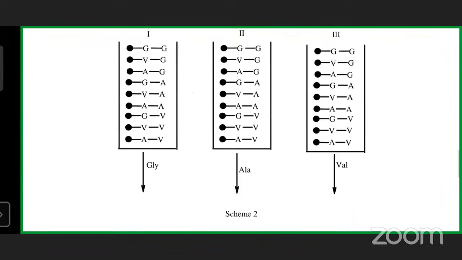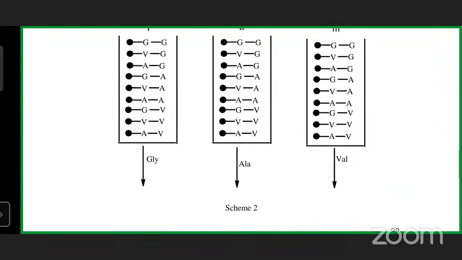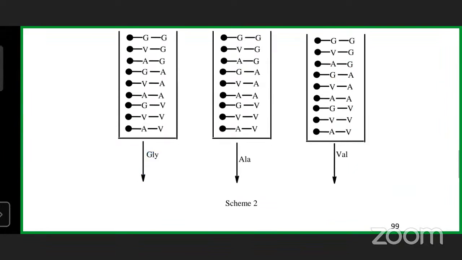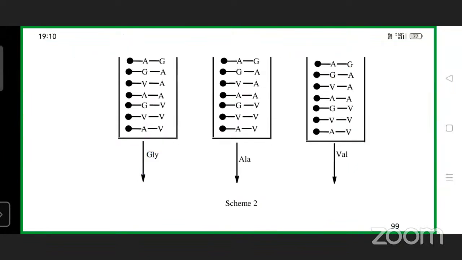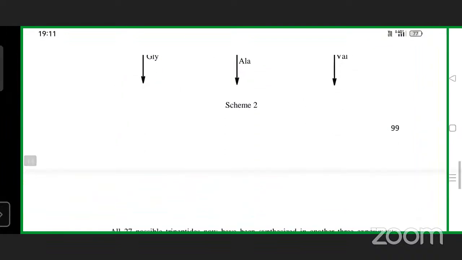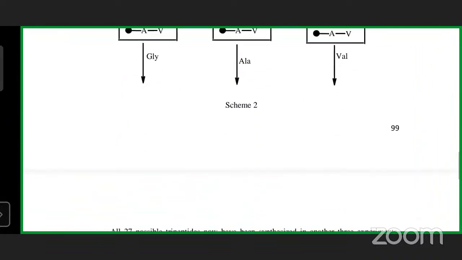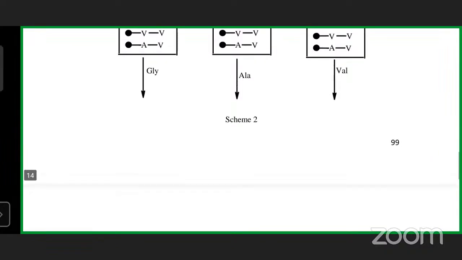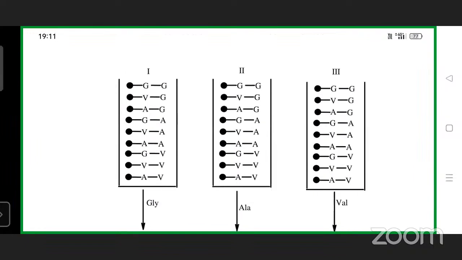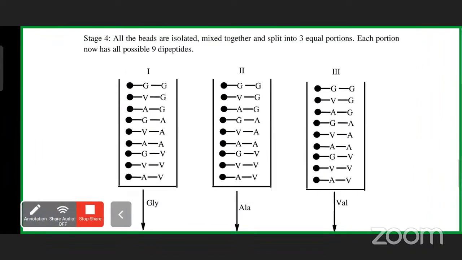And in the sixth step, we add different amino acids in each reaction vessel. Then we get the tripeptides in each reaction vessel. You can see, for example, here the dipeptide.